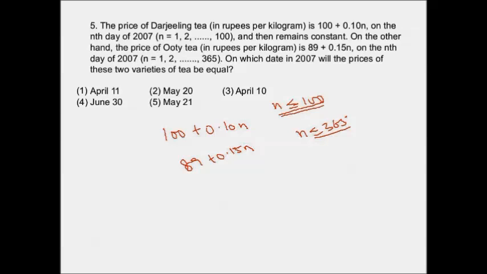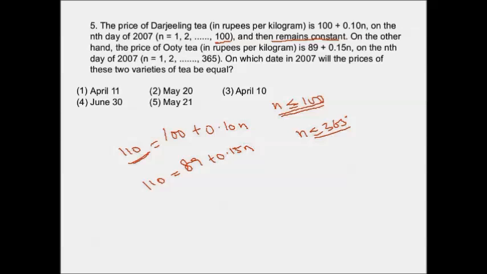Because in case of Darjeeling tea n is less than or equal to 100, in 100 days the price would become 100 plus 0.10 into 100, that means 110. After that it will be constant, because n was up to 100 only. So it will remain 110 now. And the price of OTT is increasing throughout the year, so there should be some stage where 89 plus 0.15 n becomes 110.